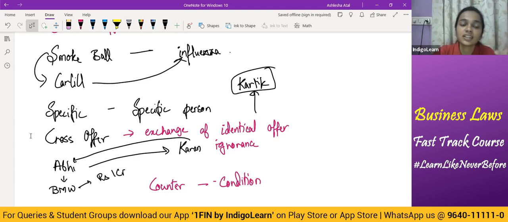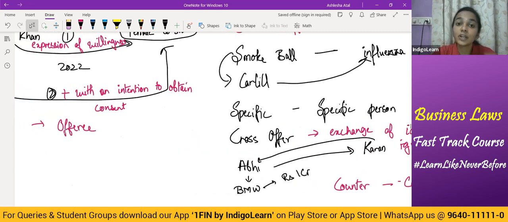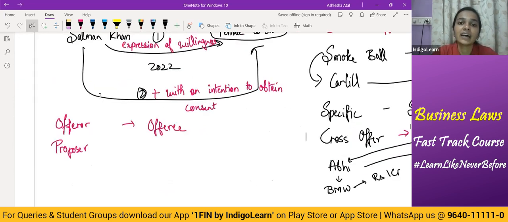So if you're purchasing any products during that time span, you will be eligible to get them at a discounted price. However, if you purchase them later on, you will not be eligible for the discounted price. So a standing offer or an open offer or a continuing offer is an offer which is open to the public at large, however, for a certain specified time period.